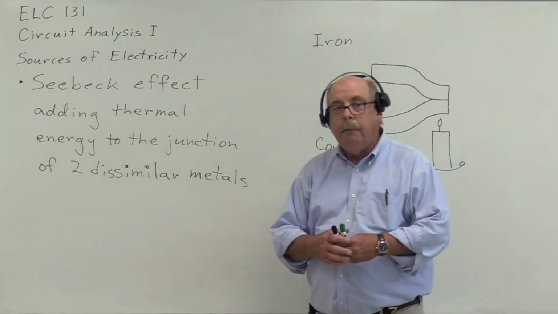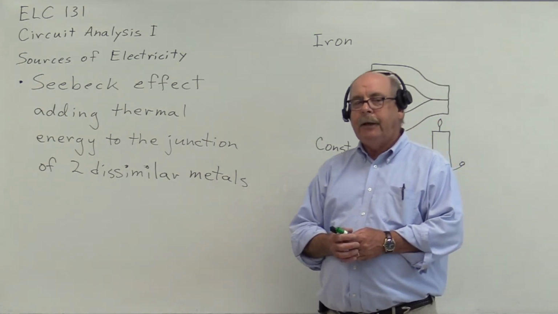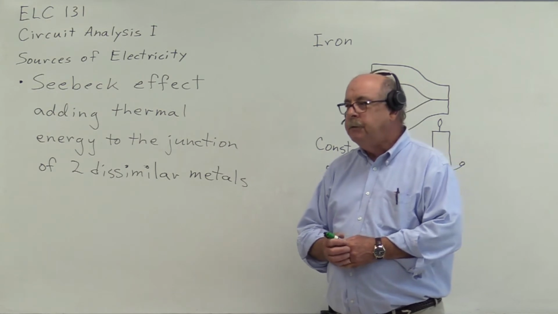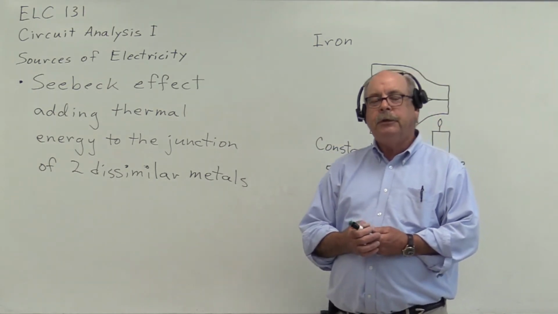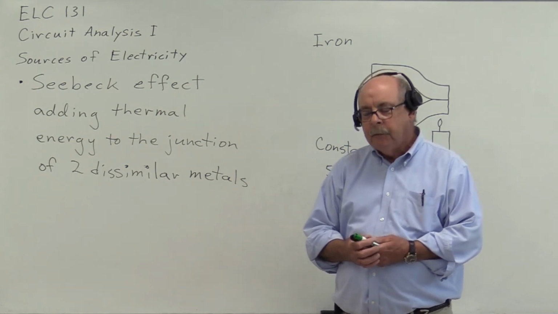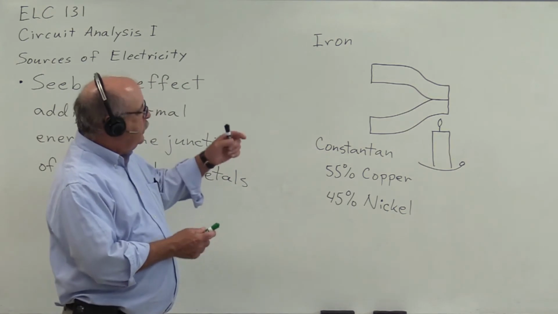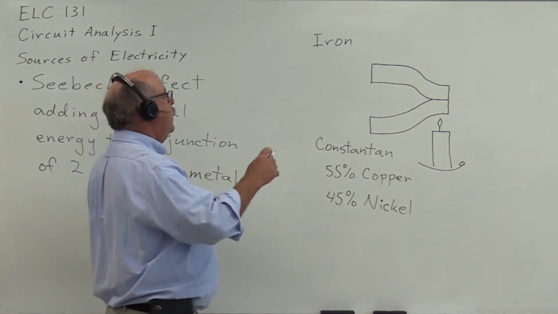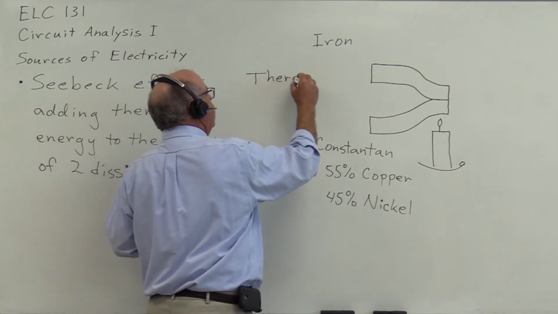So another means of producing electricity is through the Seebeck effect. This is where we apply thermal energy to the junction of two dissimilar metals. Now, we see an example here of a circuit element that we call a thermocouple.